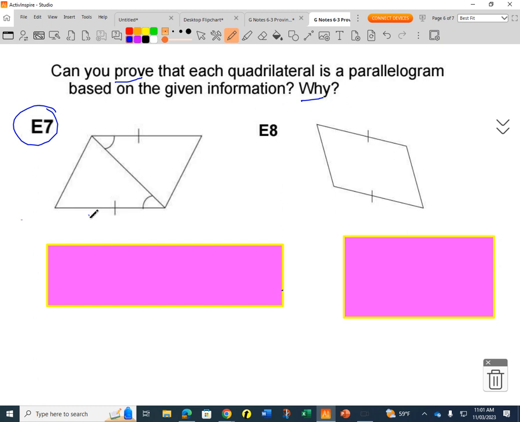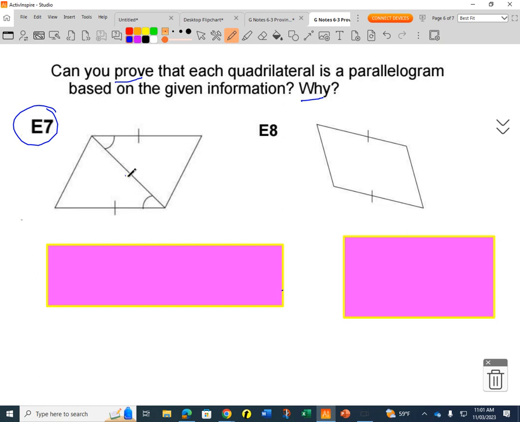They create two congruent triangles. So I have one pair of opposite sides marked congruent. I have one pair of alternate interior angles congruent. So could I say that this triangle is congruent to this triangle? Tommy? Do these triangles, what do we know about this diagonal on these two triangles? We worked with triangles. Tyron?